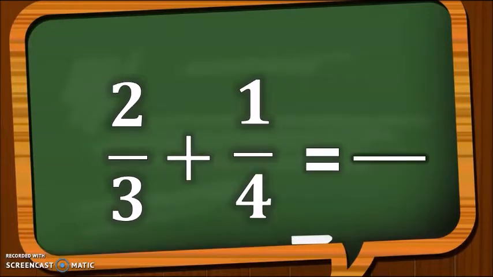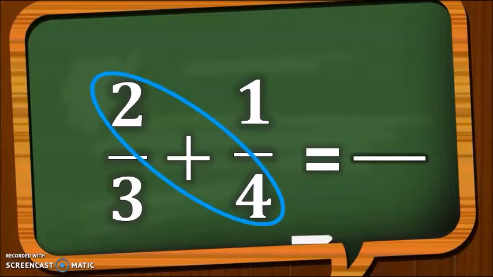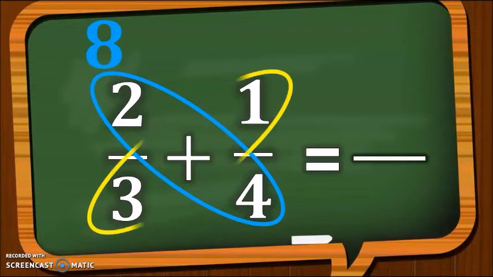So without further ado, let's start our first example, 2/3 plus 1/4. In finding the sum of these fractions, we will be using the butterfly method. Step number 1. Cross multiply the numerator of the first fraction to the denominator of the second fraction. So 2 times 4 is equal to 8. And then cross multiply the numerator of the second fraction to the denominator of the first fraction.